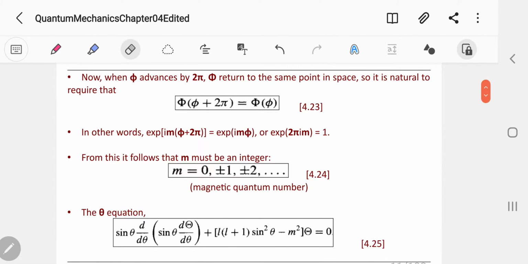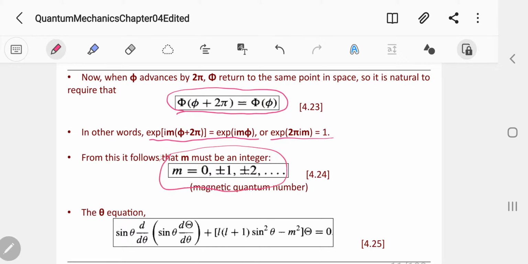Now again, take note that phi of phi plus 2 pi is just equal to phi of phi. It goes back after one revolution. In other words, exponential of i m (phi plus 2 pi) is just equal to exponential of i m phi, or exponential of 2 pi i m is equal to 1, and this will tell us that m must be an integer.